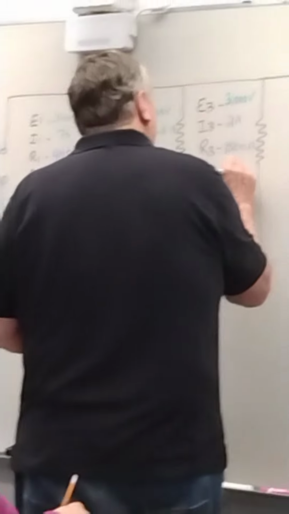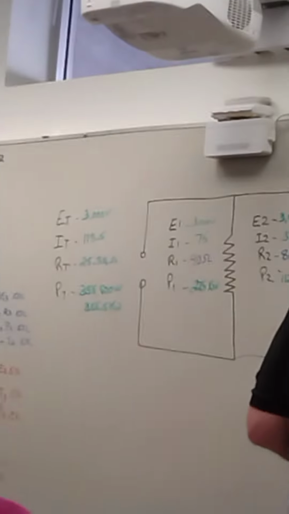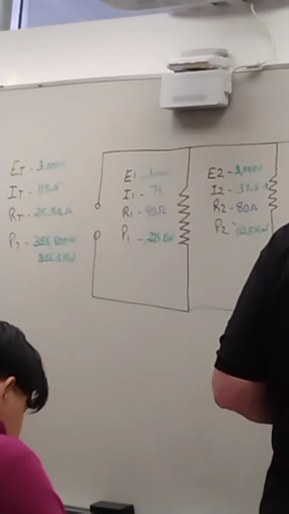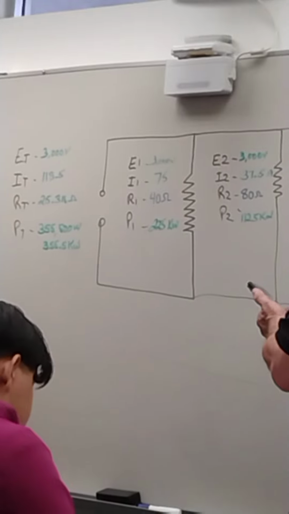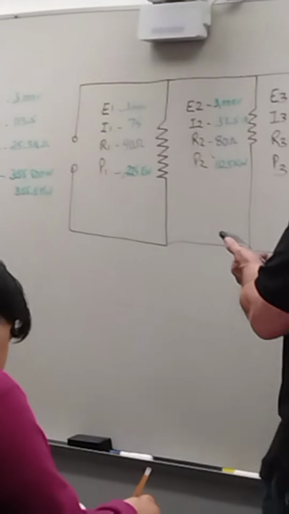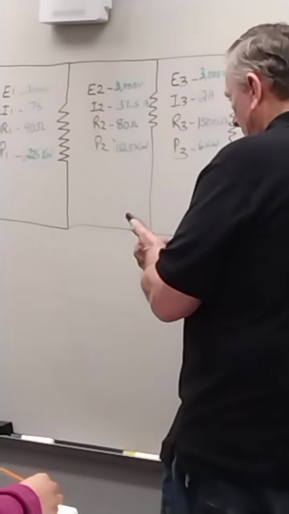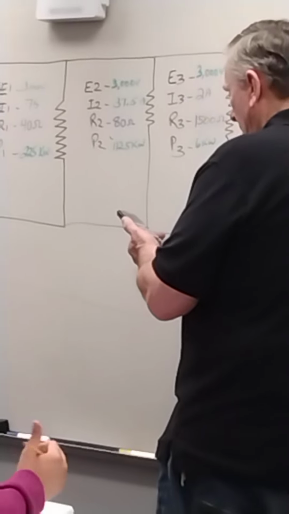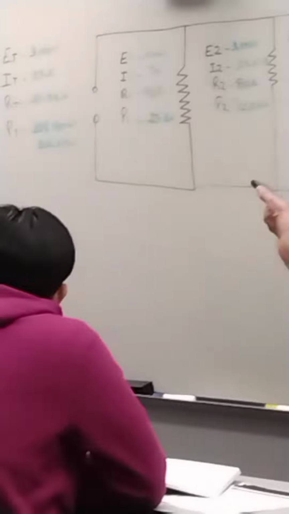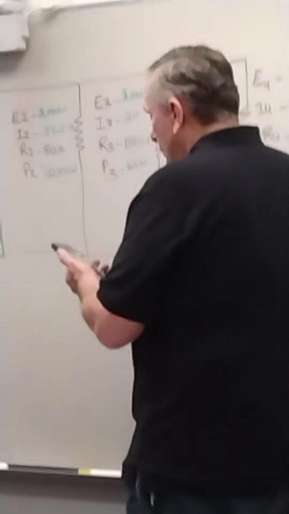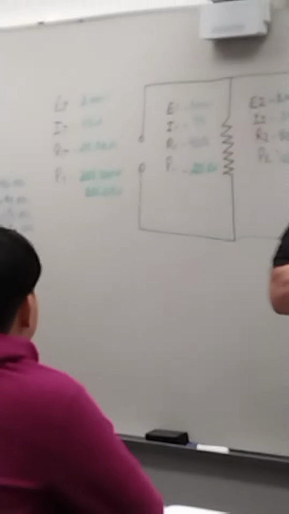I can take this, which is going to be 6,000, or 6 kW. And this is going to be 12,000, or 12 kW. Adding them up, 355.5 comes out exactly, right?